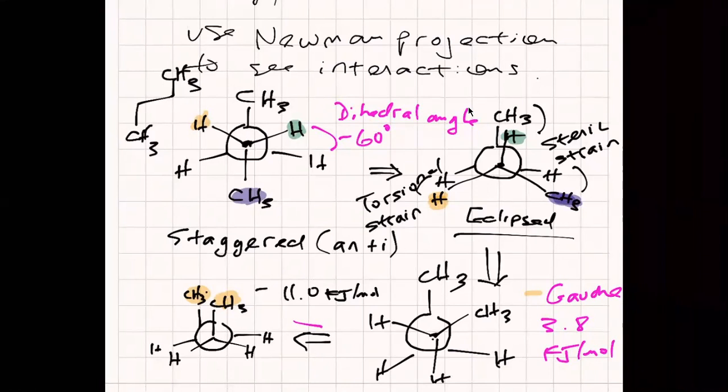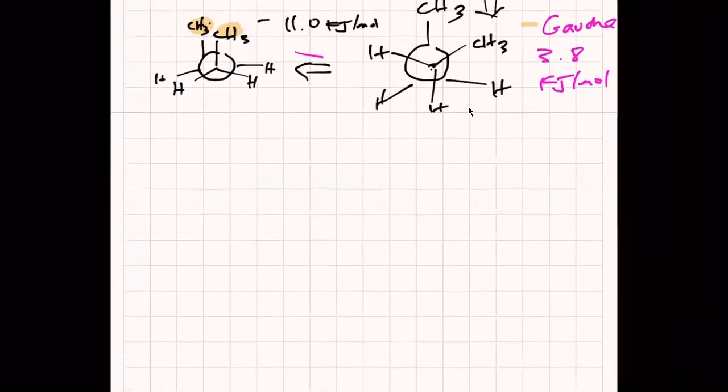So as far as the acyclic structures go, you can always use a Newman projection to depict the conformations of an acyclic system. It doesn't matter how long the chain is. You always just pick two carbons in the chain and then use those two carbons to draw your Newman projection.